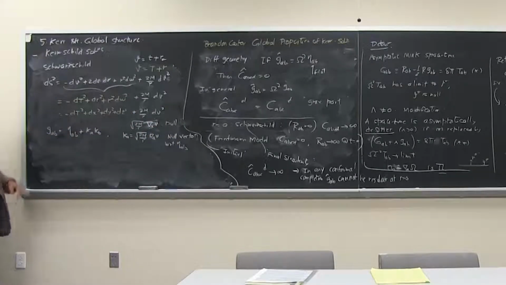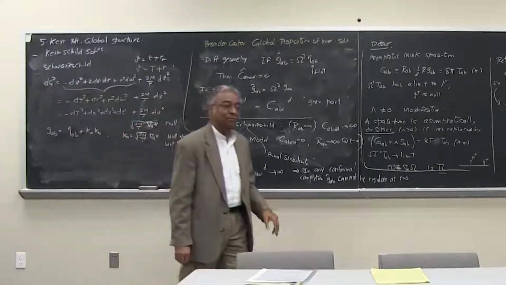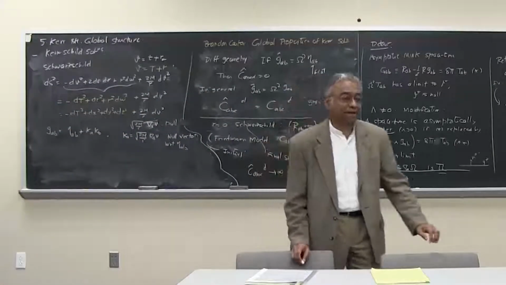You can just check that, and I'm going to leave some exercises. Please do them because you understand all kinds of subtleties, and they are simple subtleties, but it's important to get that right. So you find that the Schwarzschild metric has this very simple form: it is equal to a flat metric plus the outer product of two null vectors.